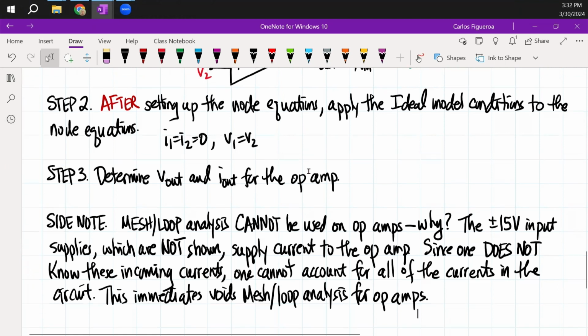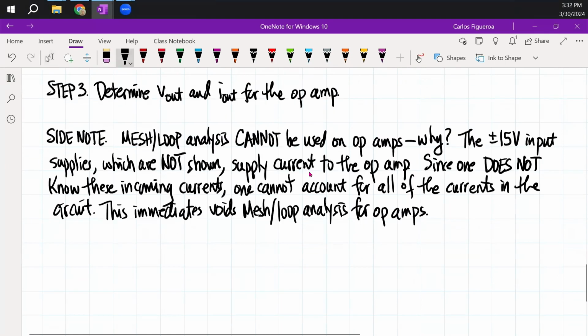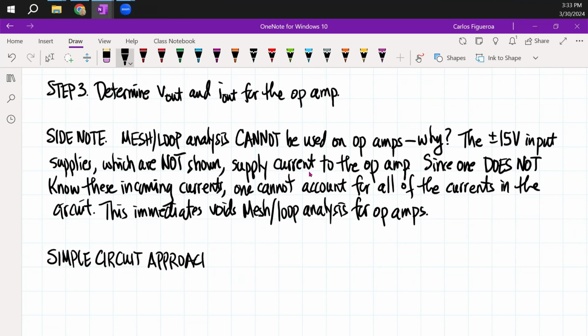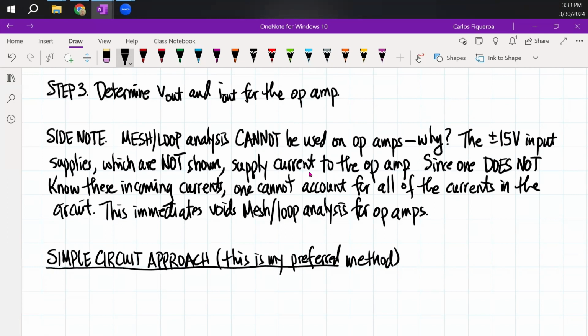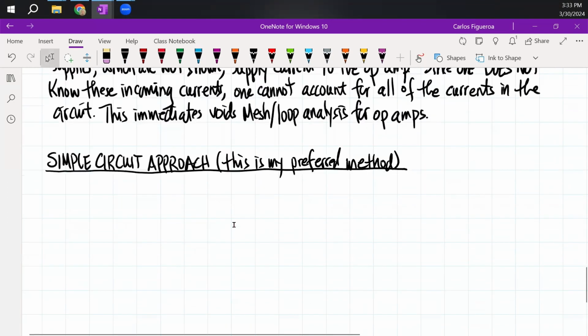So now let's go to the next one. The next one is what I call the simple circuit approach. And by the way, this is my preferred method. And here we go.